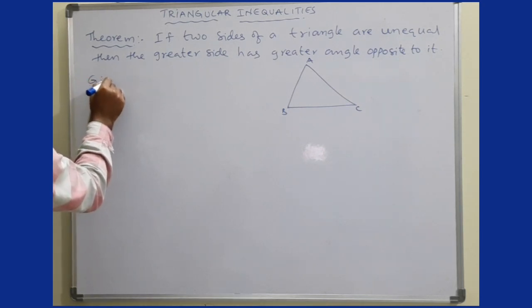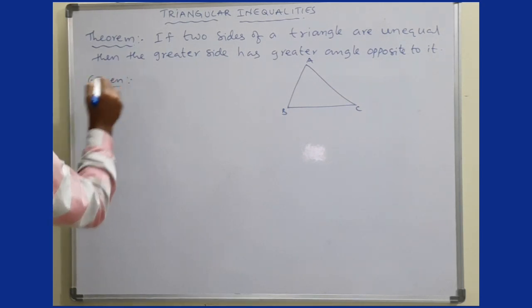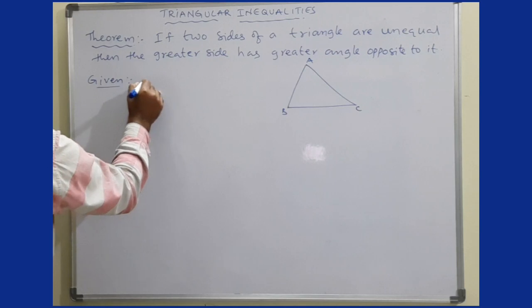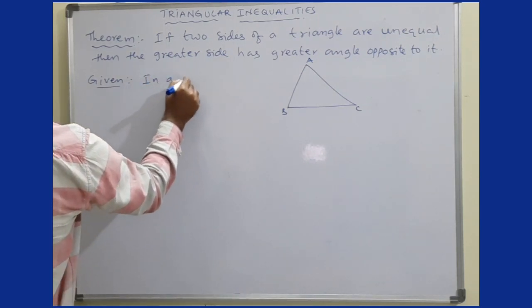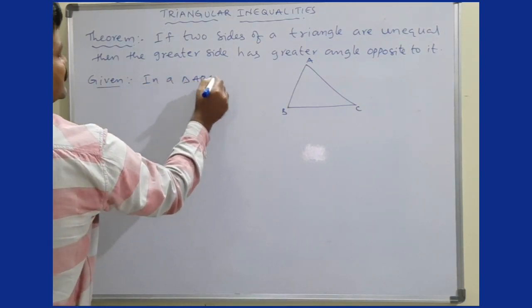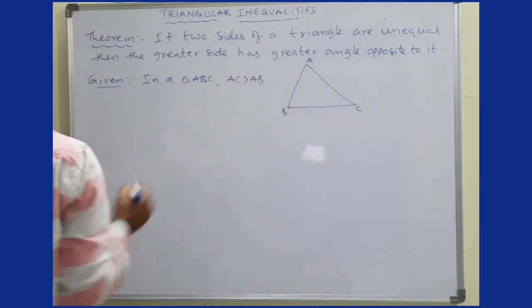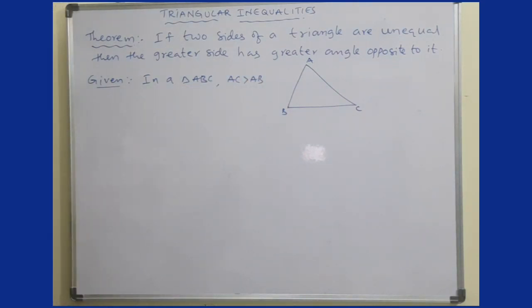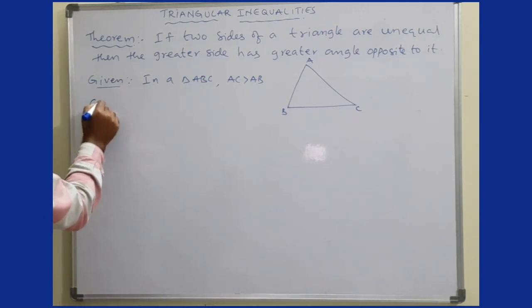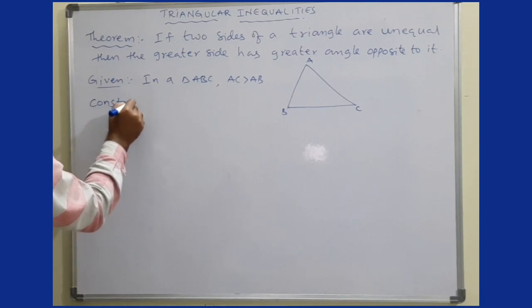So for that, write down first of all what is given. In triangle ABC, AC is greater than AB. So do one thing, construction.